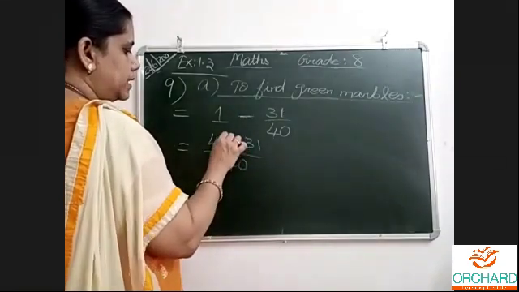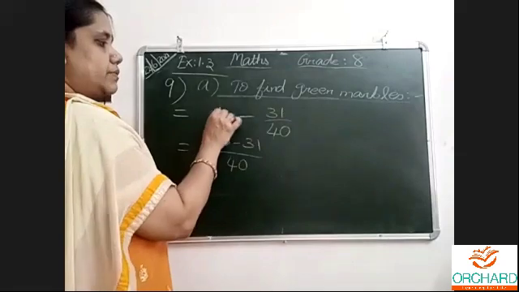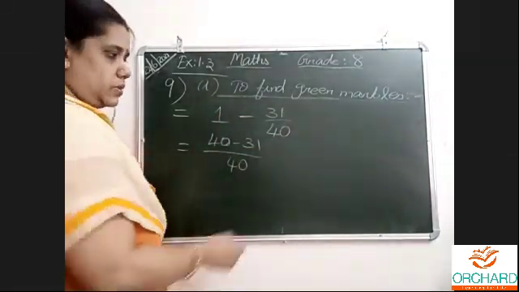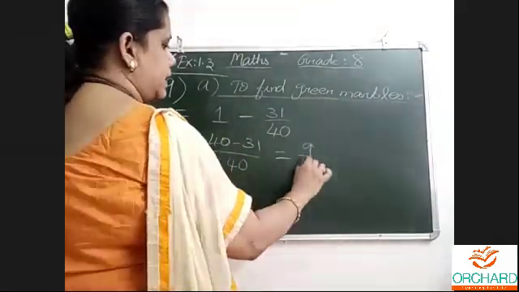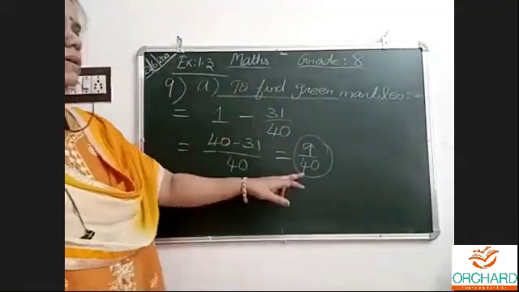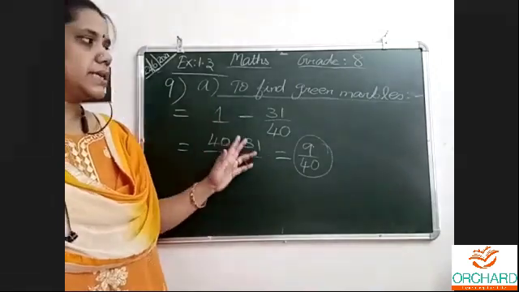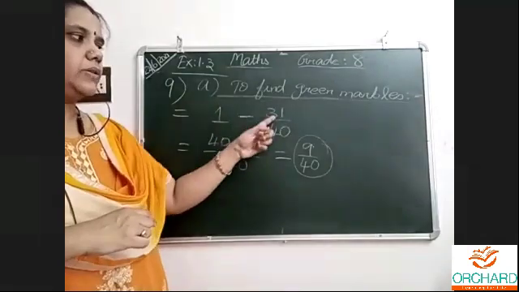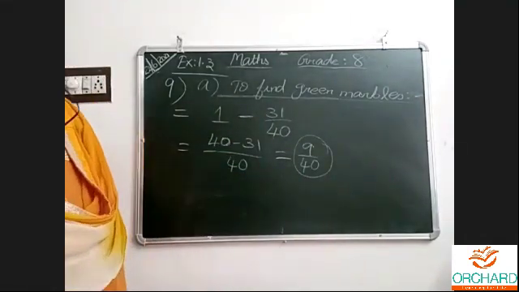This is the simple thing: when 1 minus something, do it like this. 4 1s are 40, 40 minus 31 by common denominator 40, is equal to 40 minus 31 is 9, 9 by 40. This is the number of green marbles. This is the first question we solved. First I did red and blue totaling, and 1 minus red and blue gives you green. This is over.